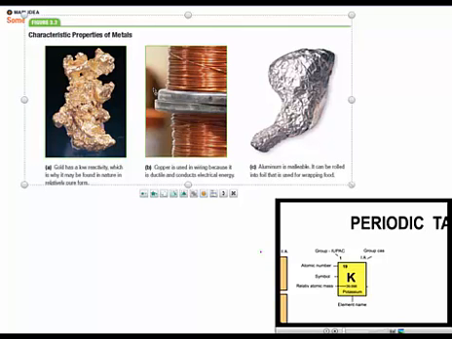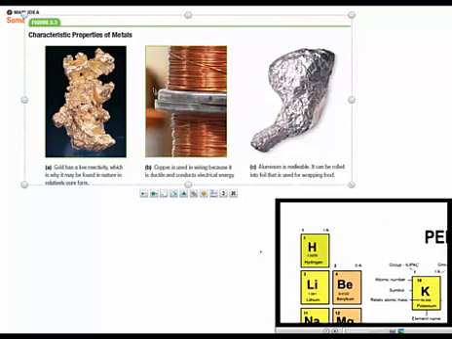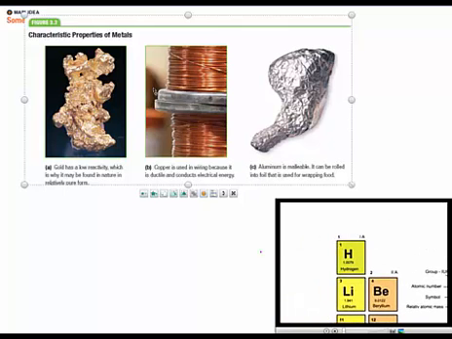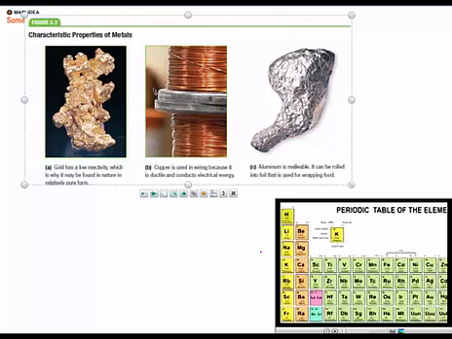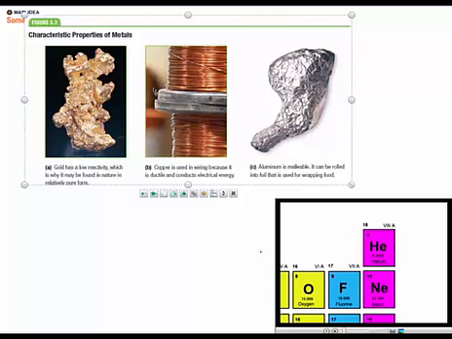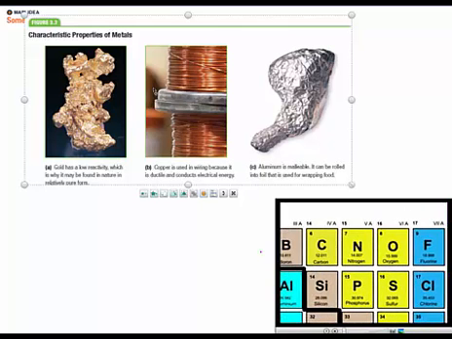Those are just some properties of metals. Metals are also known to conduct electricity. A metal is an element that is a good electrical conductor and a good heat conductor.